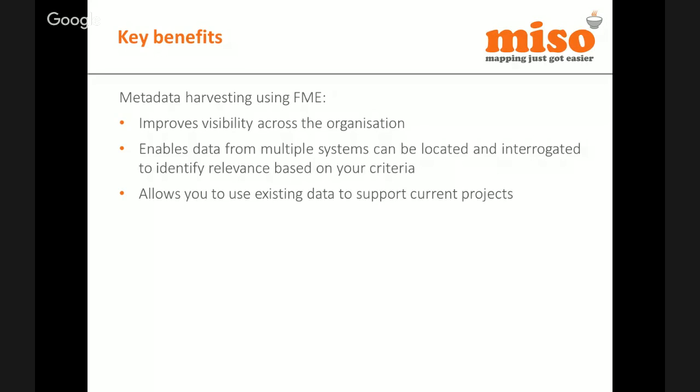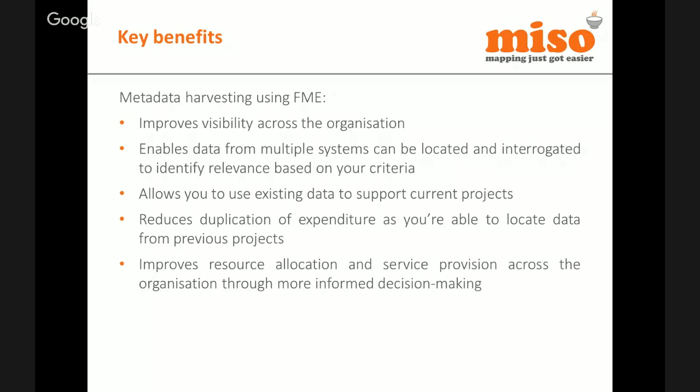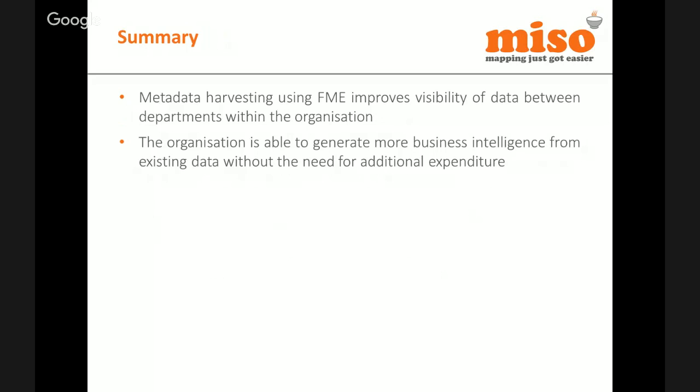It allows you to use that data to support your current projects, so you don't have to keep redoing or covering the same ground. And because you're finding already created data, you save that money. Okay, and you can use that to spend elsewhere or just allocate resources accordingly a bit better. Okay, so improves visibility.